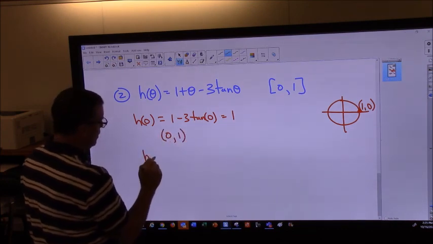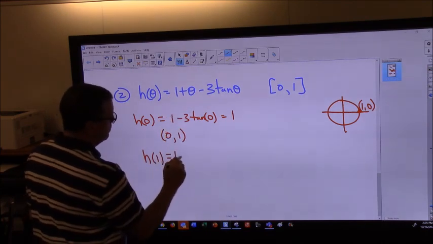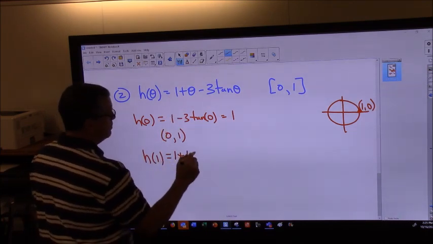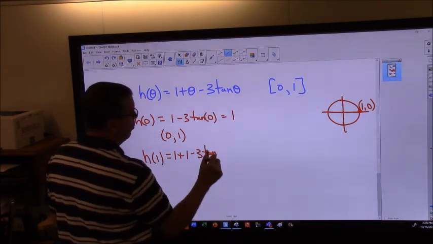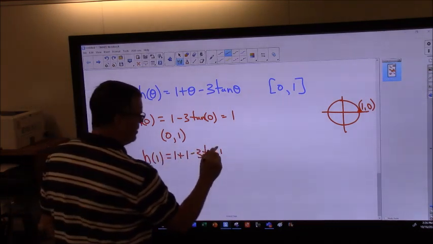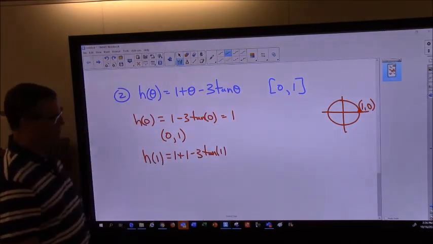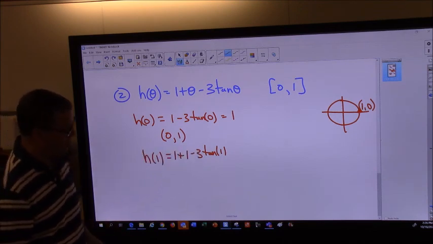And then if I do h of 1, I've got 1 plus 1 minus 3 times the tangent of 1, and that's 1 radian, okay? So this is not something that I can easily do in my head. I know it's 2 minus whatever that is.